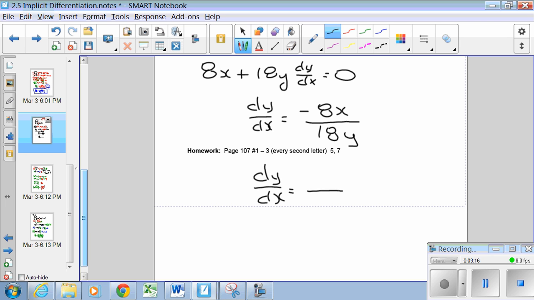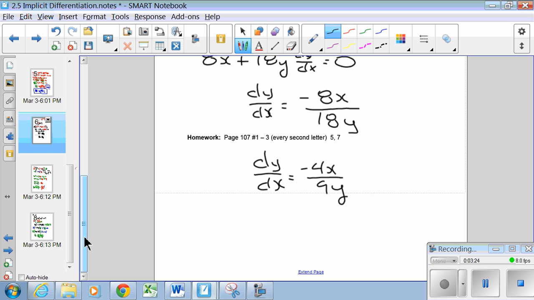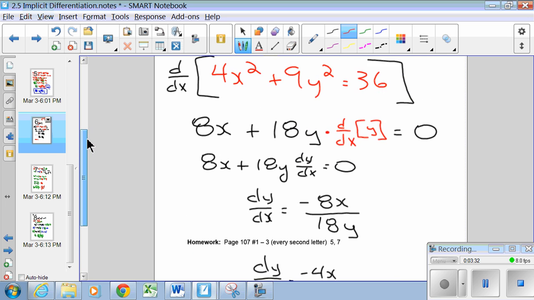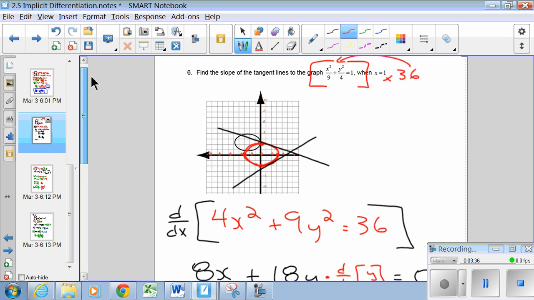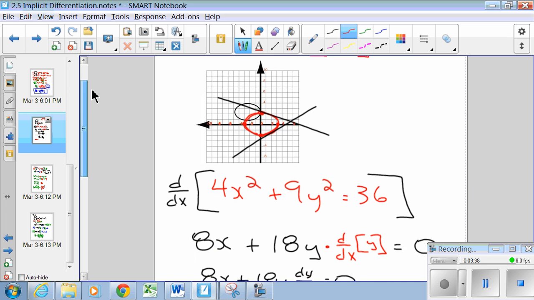These terms both divide by 2, so I have negative 4x over 9y. So if I'm supposed to find the slope when my x value is 1, I better find the y value with it. And I can use whichever equation I want. I can use the 4x squared plus 9y squared equation, or I can use the x squared over 9 plus y squared over 4 equation.